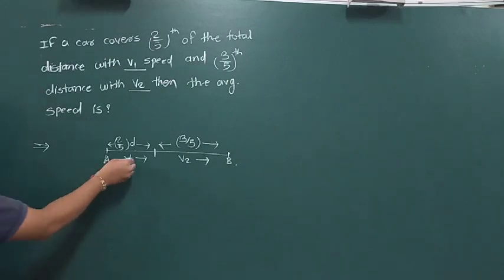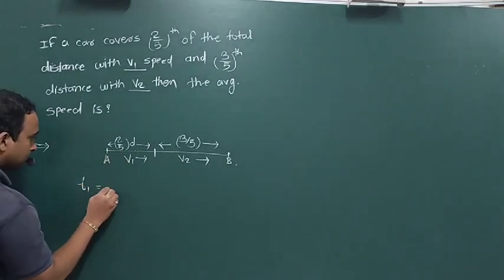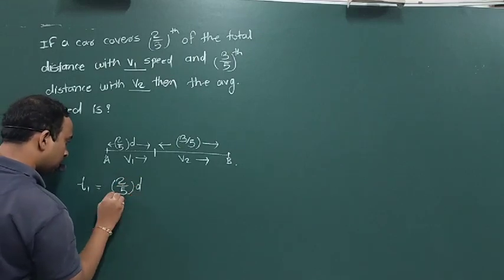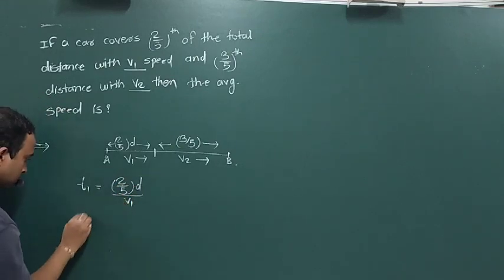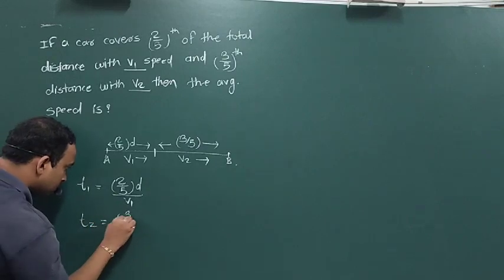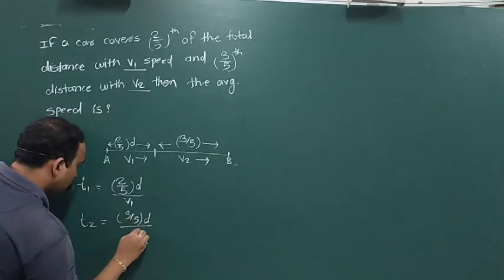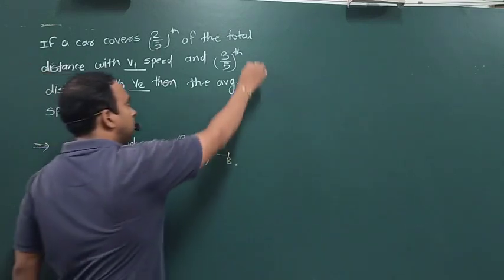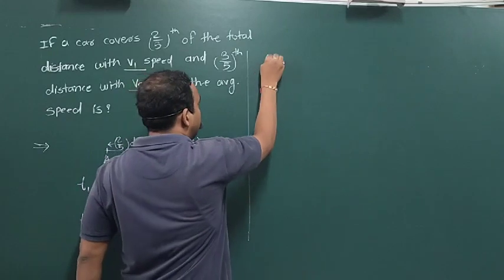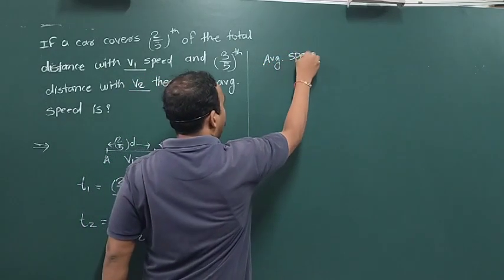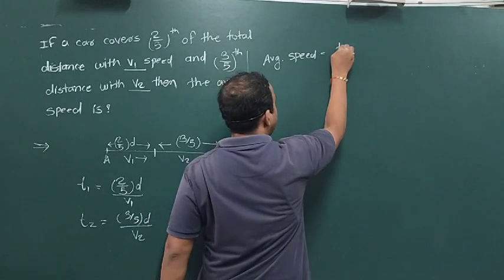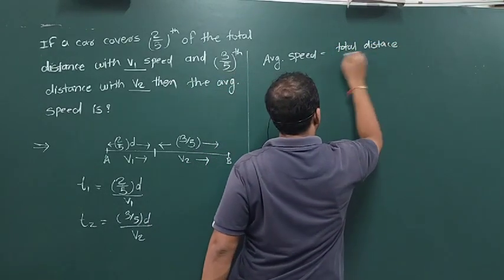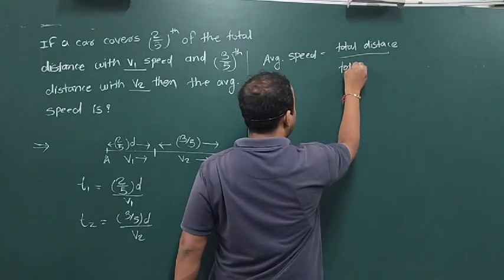Okay, now to find the average speed, first of all we find the time. So t1 is equal to distance upon speed. Okay, so similarly t2 is equal to distance upon speed. Okay, now according to the formula, average speed is equal to total distance upon total time.